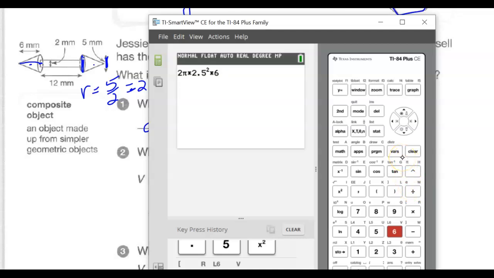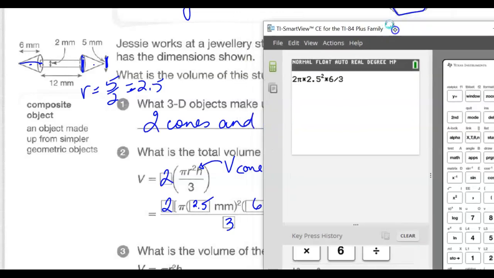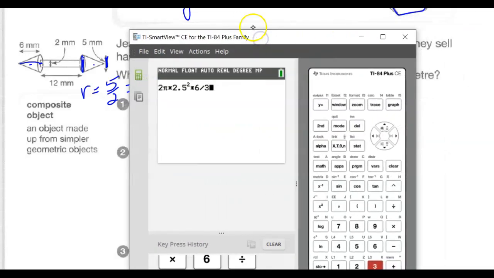Now we don't need brackets around this because we're just dividing by one number. But if you were dividing by something like 3 times pi or 3 times 2, you would have to use brackets. But we don't have to in this case, so we can just divide by 3. I'm just going to make sure I've got everything in there. And that's going to be 78.5398.